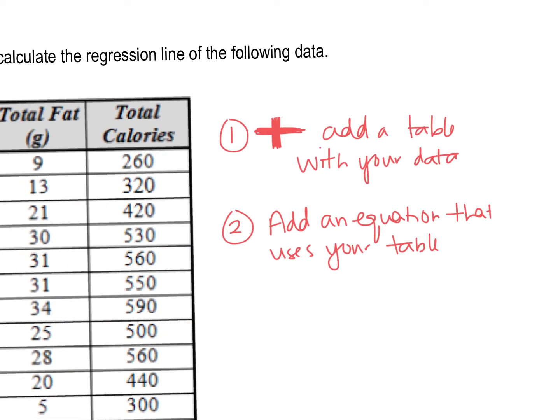It has to look like this: y1 tilde mx1 plus b. What this does is it uses the x coordinates and the y coordinates that you put in, runs them through calculations, and then spits out your equation for your regression line.